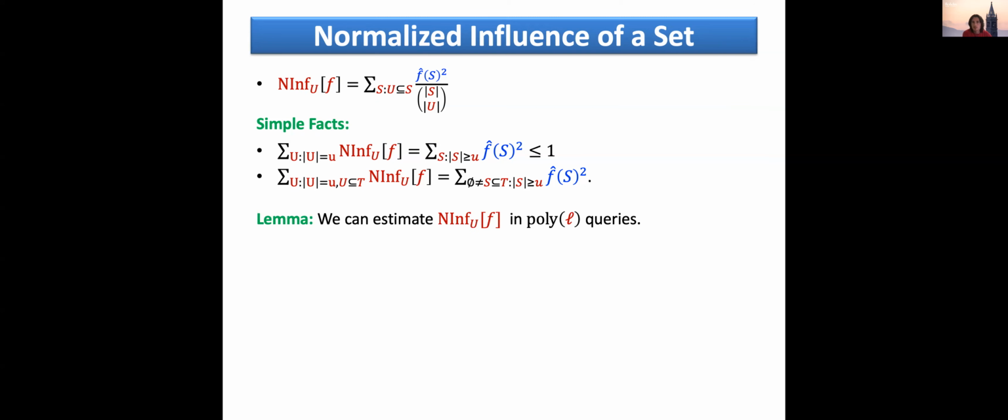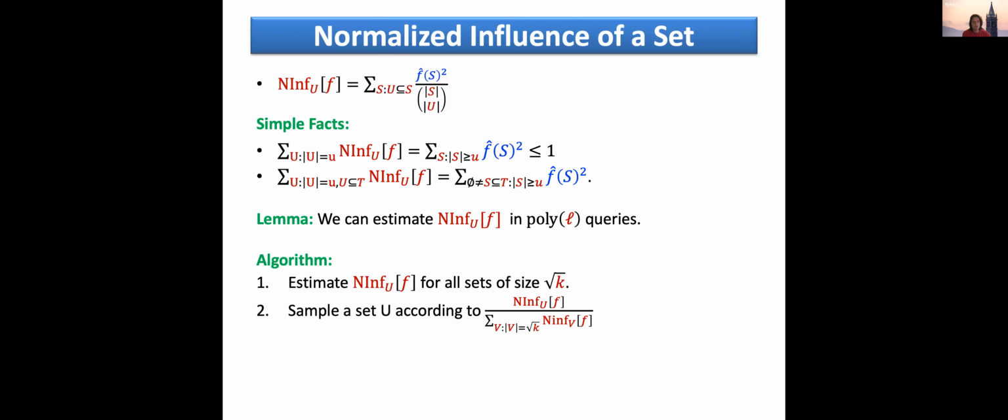And again, we have the same lemma where we can estimate the normalized influences in poly L queries. L for us is K squared, so this is poly K. And our algorithm is going to be exactly the same. We're going to estimate the normalized influences, and we chose to estimate them for all sets of size square root K. This choice will hopefully become clear shortly. And then we're going to sample according to this normalized influence.